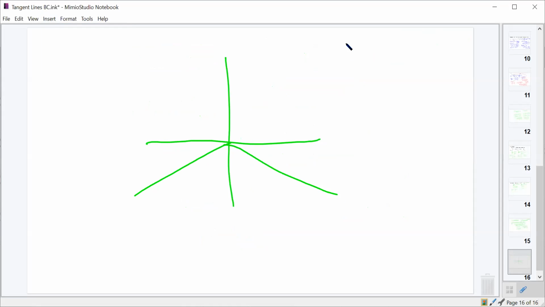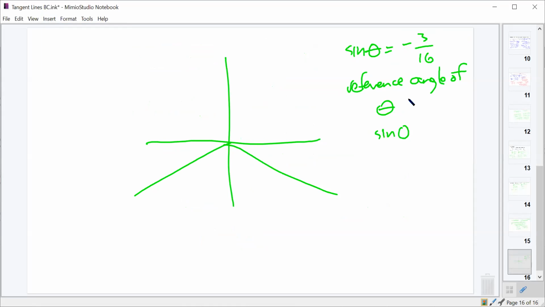And for both of them, the sine of that theta needs to be negative 3/16, which means that the reference angle of theta, we'll say the reference angle of theta is equal to theta. Normally you use a prime for it, but we'll just call it theta 1 for now. So we'll say the sine of theta 1 should equal 3/16.